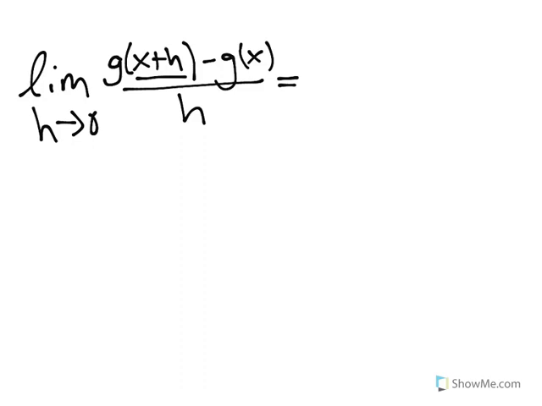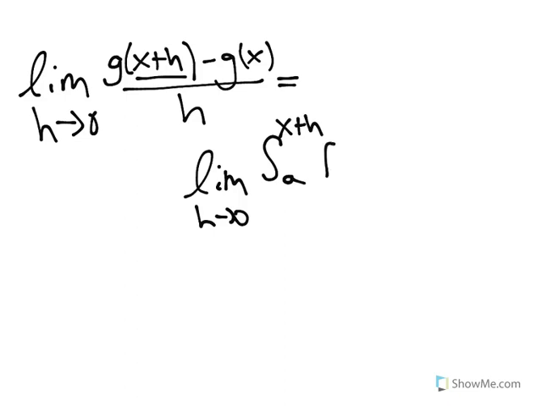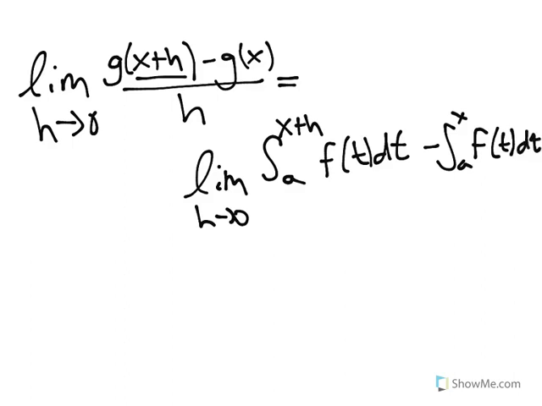So I'm going to write it down here, but this is the limit as h goes to 0 of the integral from a up to, not x, but x plus h, of f of t dt, and then minus the integral from a up to x of f of t dt. Okay, so here's just another way to rewrite that using the function g that we defined on the previous page.